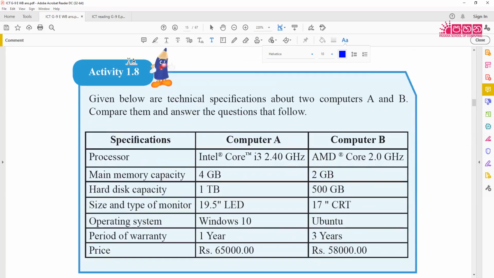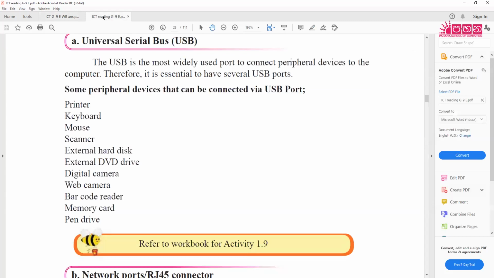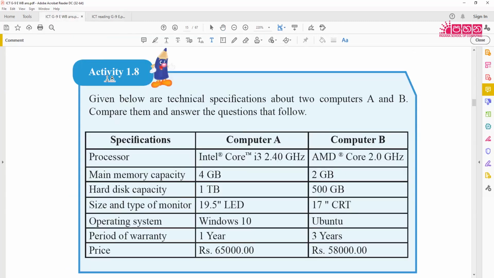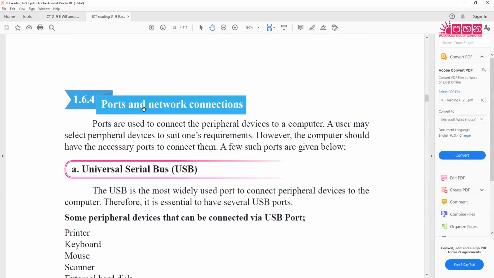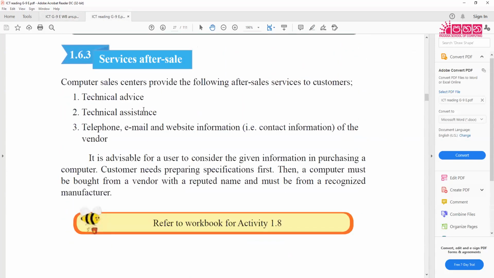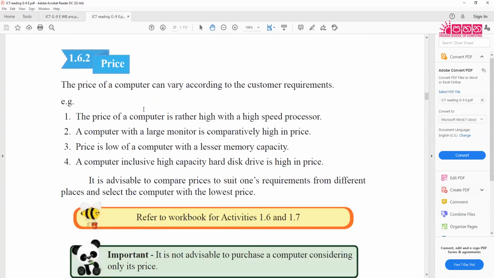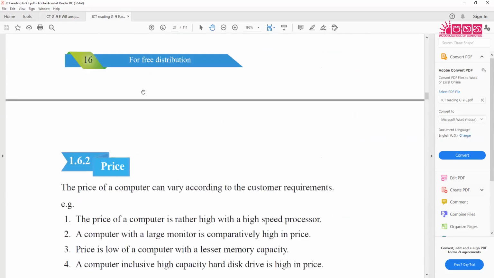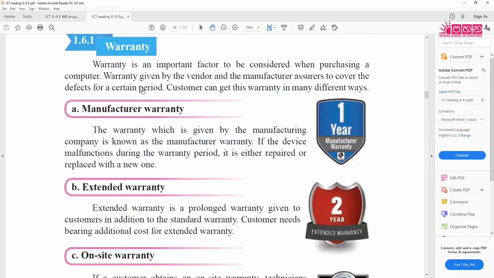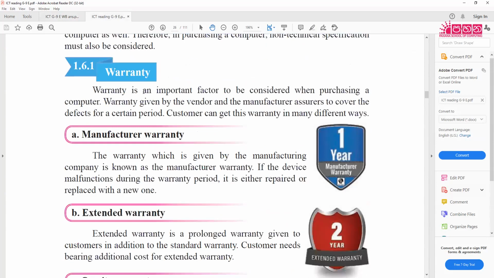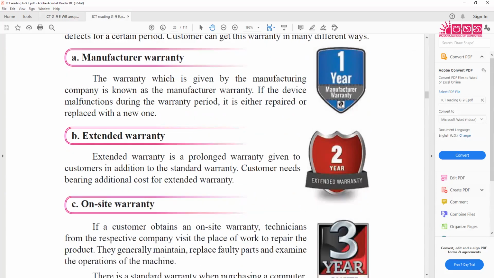Right. Let's go back. Right. Now, what we were discussing last time is about the warranties. And I told you there are different types of warranties available, like the manufacturer warranty.